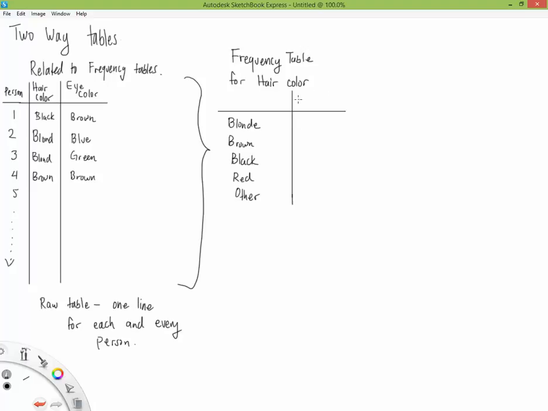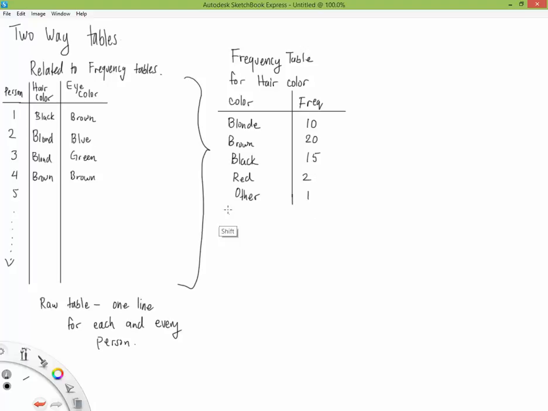And so this is the color of the hair over here, and then what do I have listed over here on the right side? The frequency, right? This is why it's called a frequency table. And then we would say, oh, okay, we found 10 people with blonde hair, 20 people with brown hair, 15 people with black hair, 2 people with red hair, 1 person with other colored hair, okay?